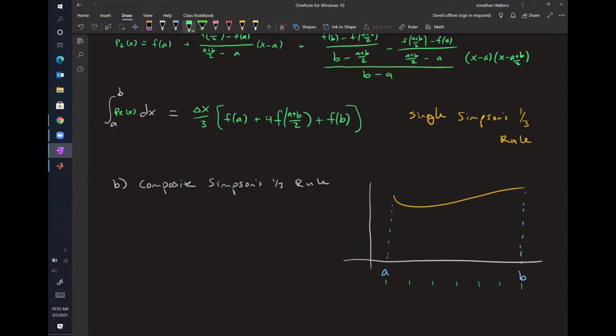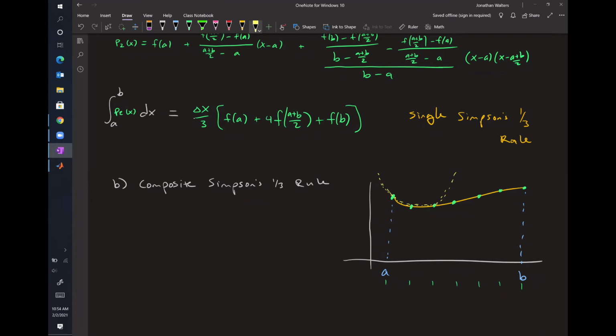Whenever we do a composite Simpson's 1/3 rule, we have to have an even number of subintervals because we want to create a quadratic to interpolate over each successive 2 intervals. So my first quadratic I'll draw in yellow, something like this. That would be my first quadratic function to interpolate the first 3 points.